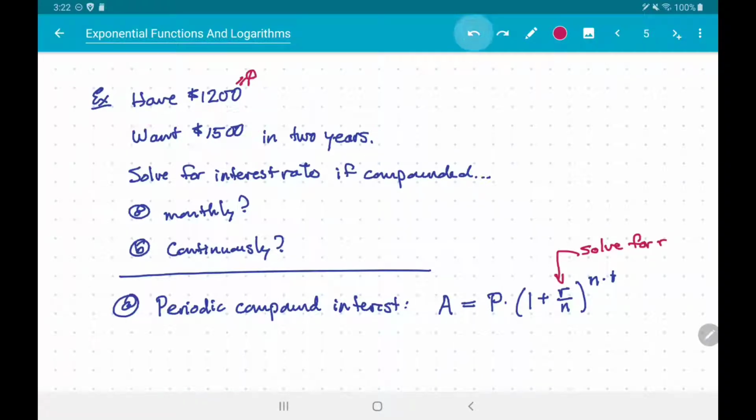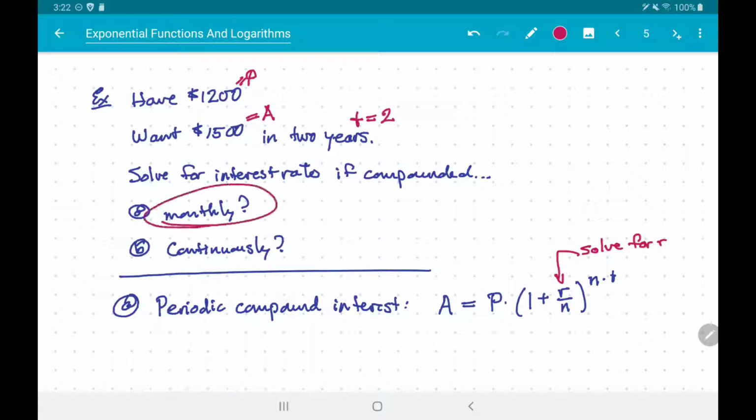What does the $1,500 mean? That's A. That's the amount of the account or the balance. Now in 2 years, what does that mean? That means T is equal to 2. We're going to let 2 years go by.